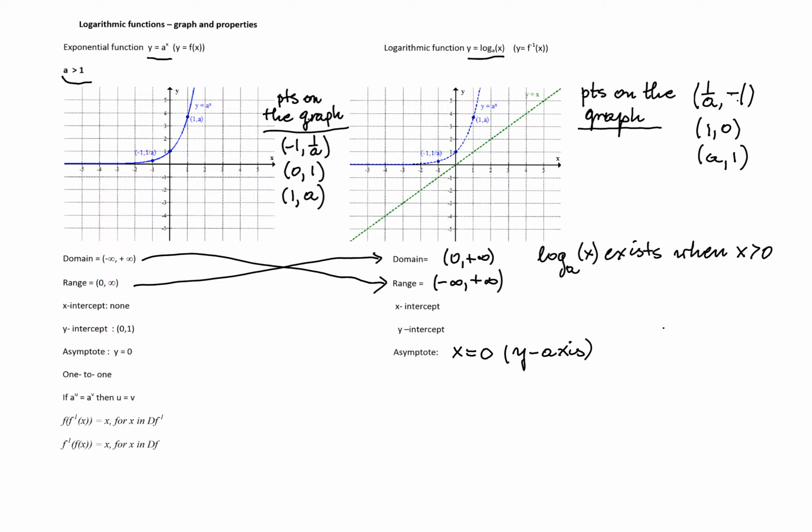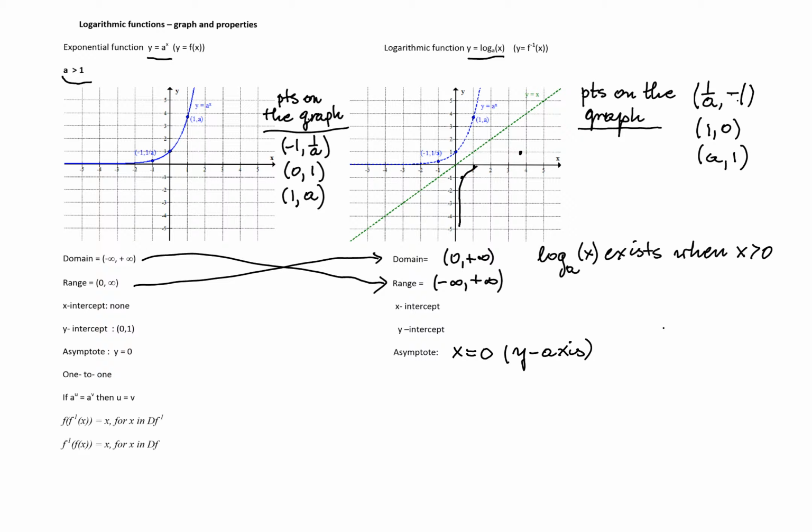So once we have the points and we know that the y-axis is the vertical asymptote, we can draw the graph. Let me plot the points. Point (1, 0), (1/a, -1) will be somewhere here, and the point (a, 1), according to our formula, is going to be somewhere here.